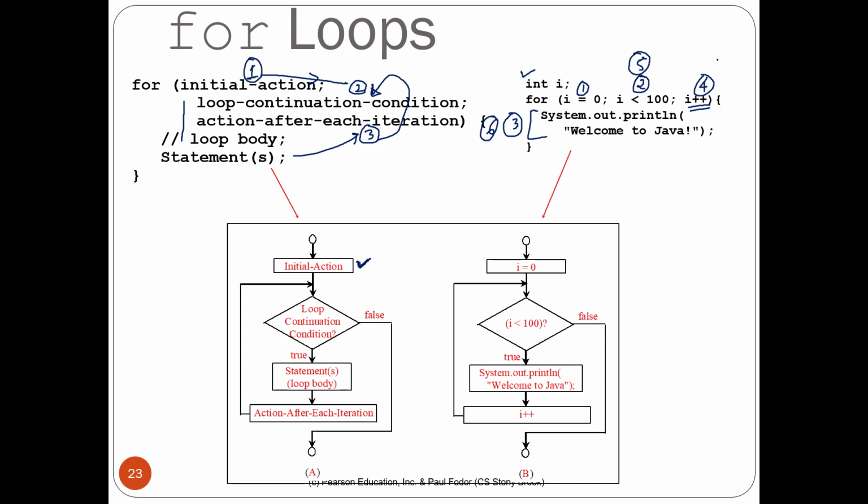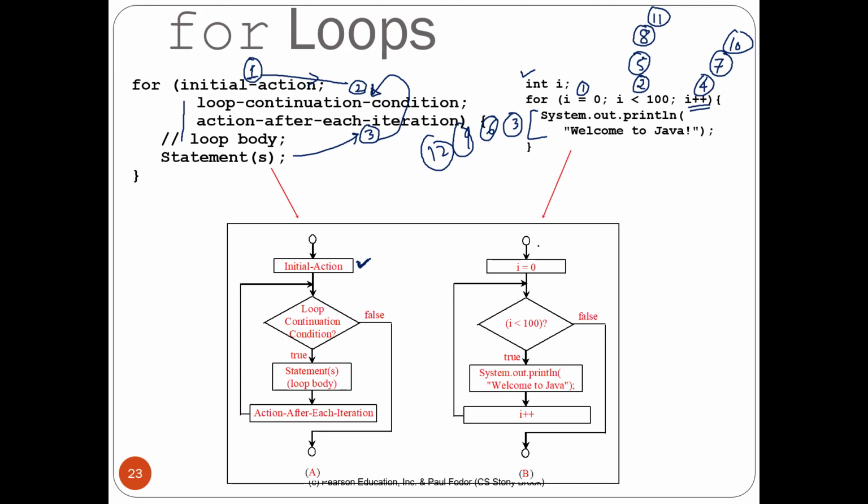After that, you come here, the 7th step, in which i will be 2, and then 8, then 9, then 10, then 11, and then 12. You go on as long as the condition is true. So these numbers that I have here show the sequence in which your program will run in this particular situation.